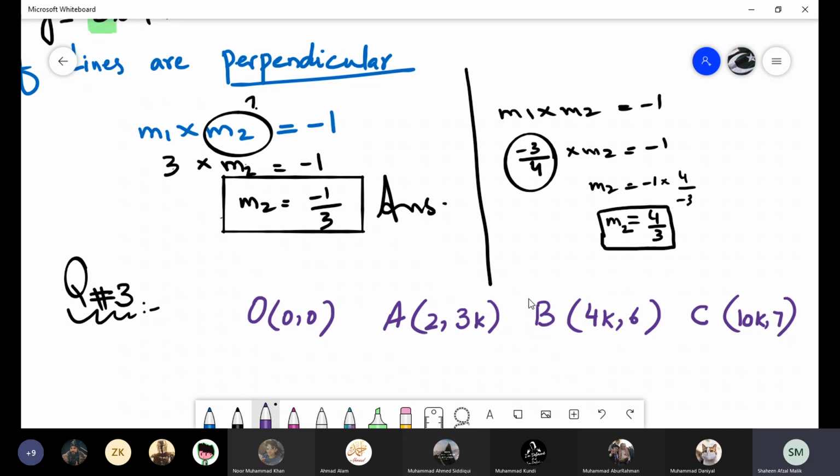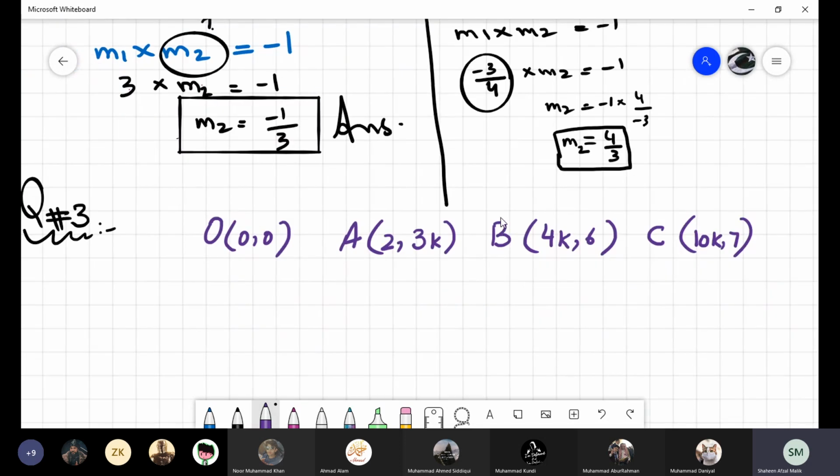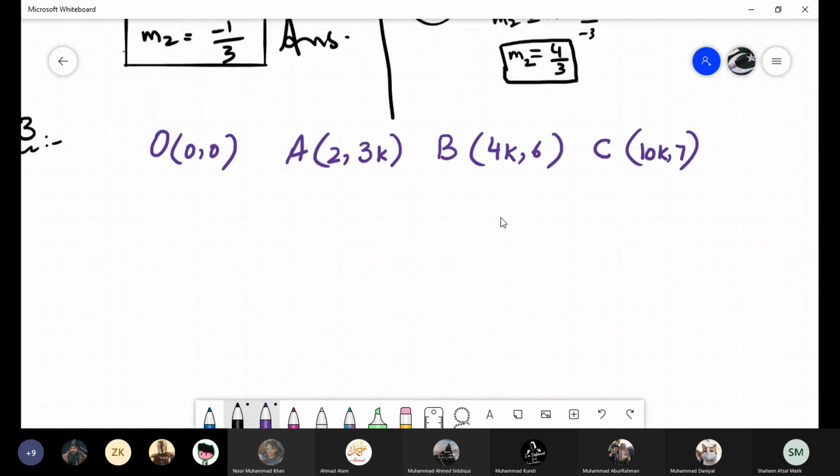Because we have just now done with the parallel lines, the B part of the question is about parallel lines. What's the formula for the parallel lines? M1 is equal to M2. B part is OA is parallel to BC.